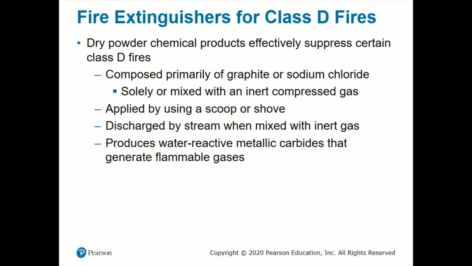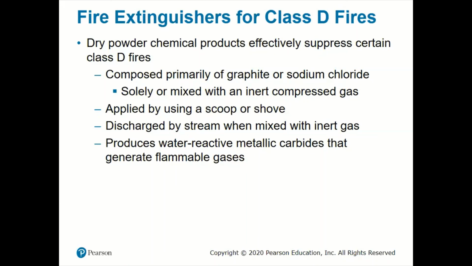All right, two more to talk about. Class D fires. So again, Class D fires are metal fires. And what we see in dry chemical Class D extinguishers is either powdered graphite, which you know better as pencil lead, or sodium chloride, table salt.